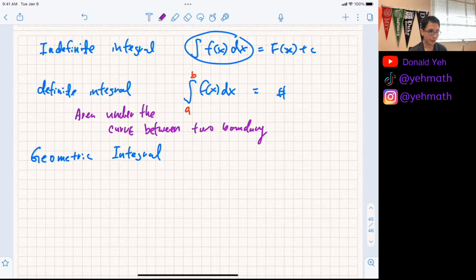So it's the area under the curve between two boundaries.